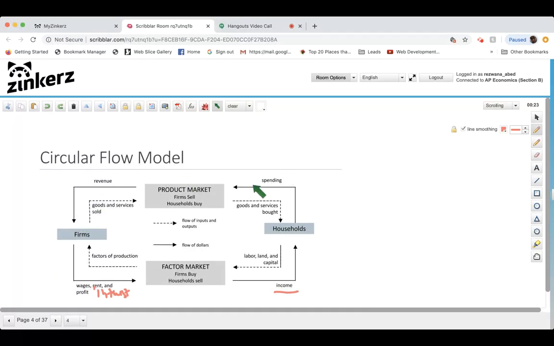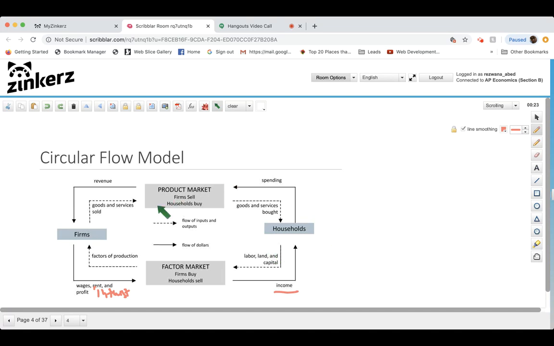So the income that households are spending in the product market becomes the revenue that farms gain from selling the goods and services. The money just goes around and around. It just changes hands. It's a closed system. Nothing is coming from outside. It's just that money changes hands, and inputs and outputs flow from one market to another.